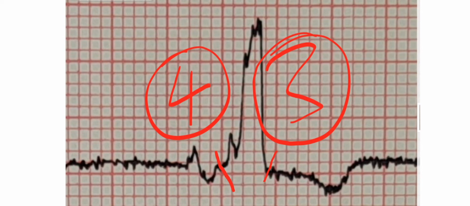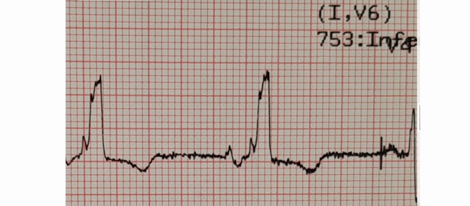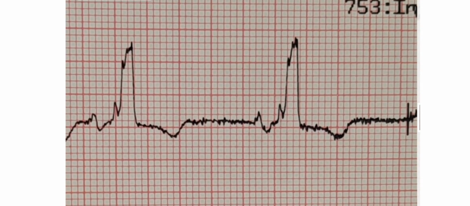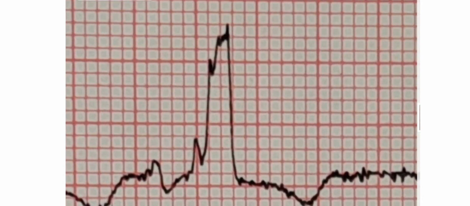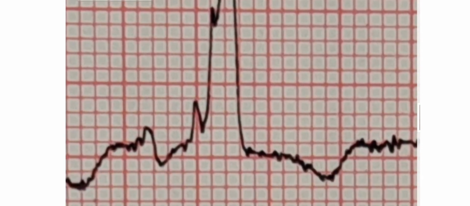Let's look for another QRS. Let's look at this one. Okay. So here is our line. Remember, the way you count, you must look and be sure that you are not starting in the wrong place.